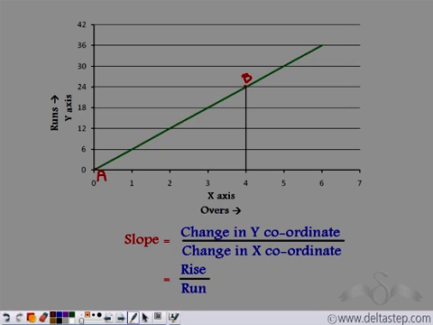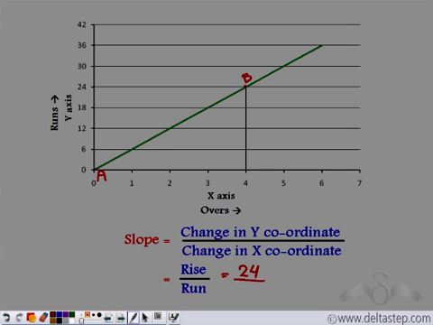Now, in moving from A to B, what is the rise? That is, what is the change in y coordinate? From A to B, the change in y coordinate, that is the vertical distance, is 24. So rise is 24. And in moving from A to B, what is the run? That is, what is the change in x coordinate in moving from A to B?